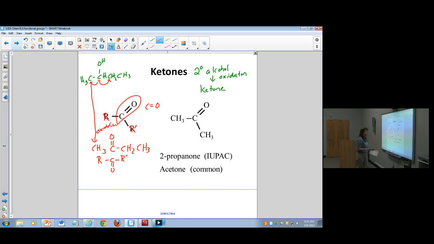That is a carbonyl group in the middle of the chain, or somewhere not at the end. As it turns out, tertiary or third degree carbon alcohols do not undergo oxidation.